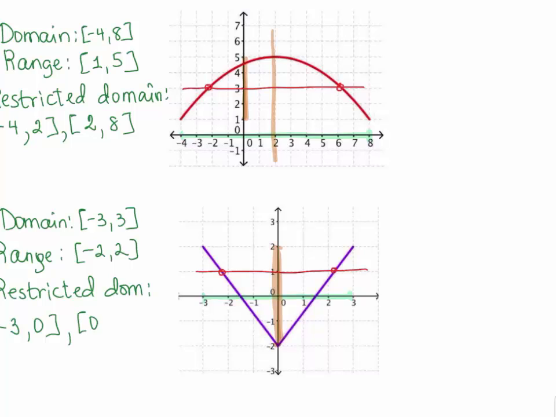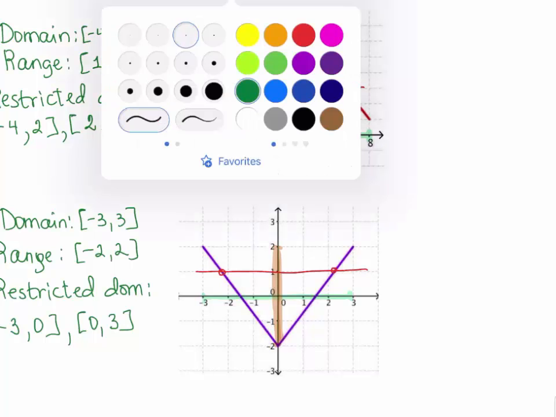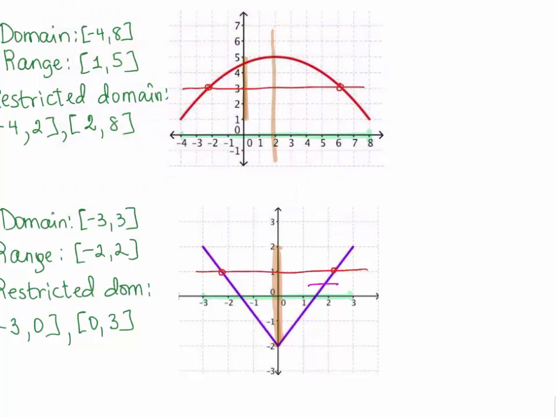And then we go from 0 to 3. This is where we have the right branch of this V-looking graph. If I restrict it to one of these, all of these horizontal lines will cross the graph at exactly one point.